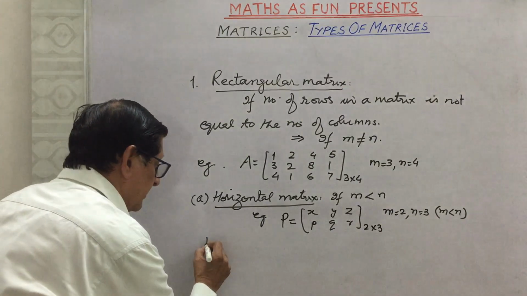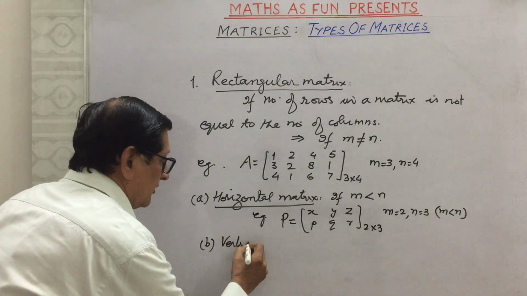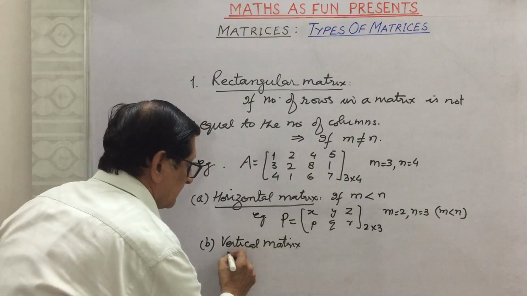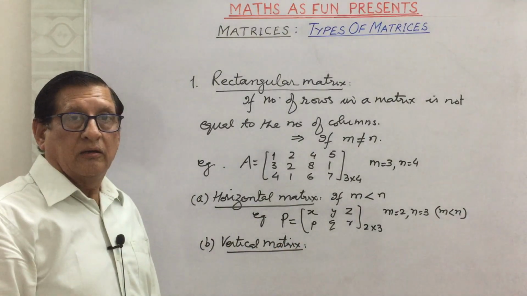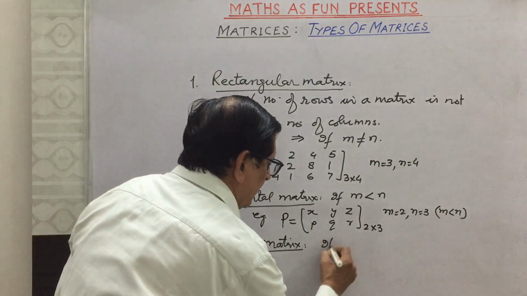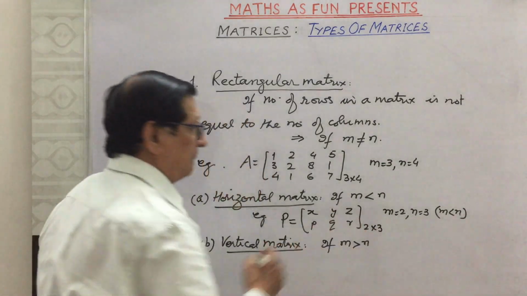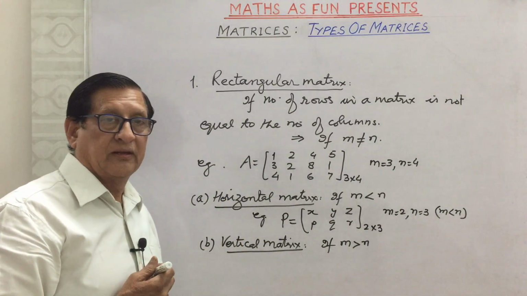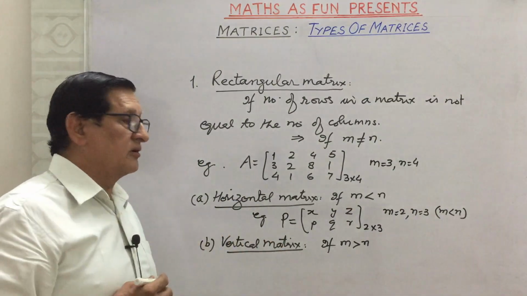The second, here we have vertical matrix. Vertical matrix means if M is greater than N. It means if number of rows is more than the number of columns, then it becomes a vertical matrix.